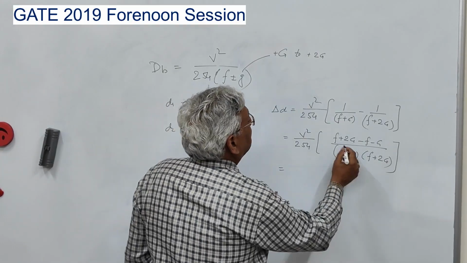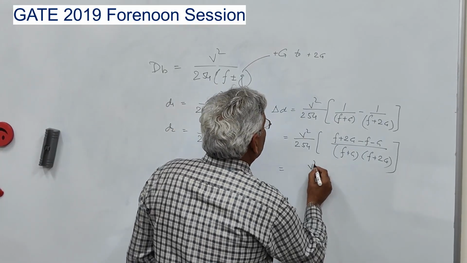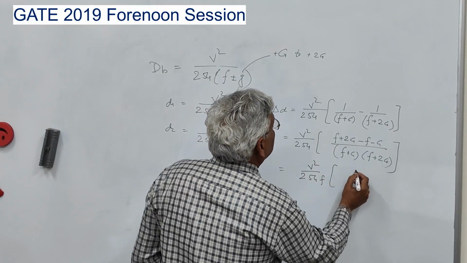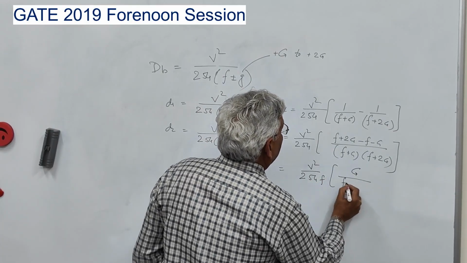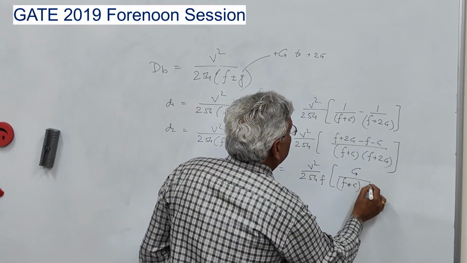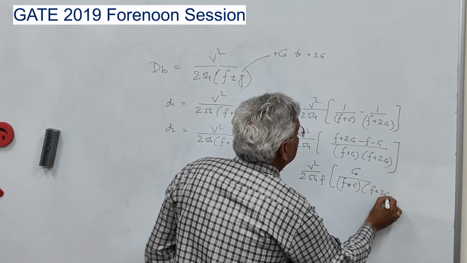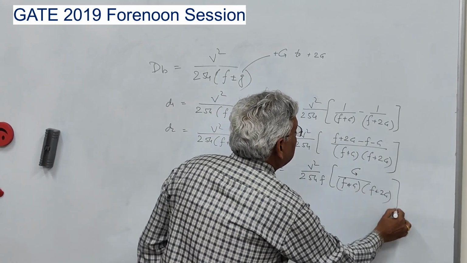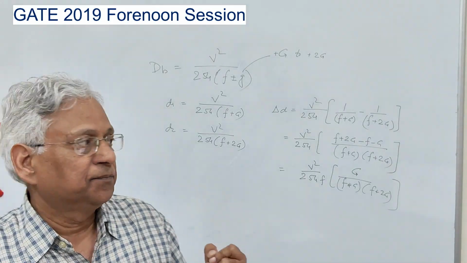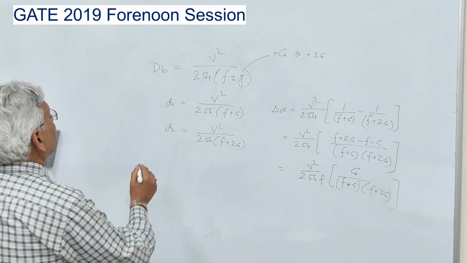Or this is v square upon 254 into G upon (F plus G) into (F plus 2G). Now, this is the change in the braking distance when gradient is changed from G to 2G. Now, what is the percent change?